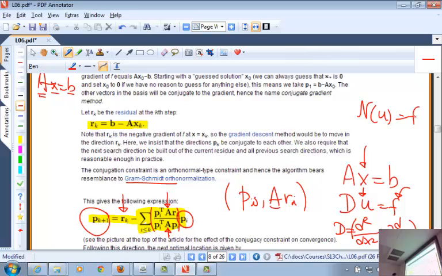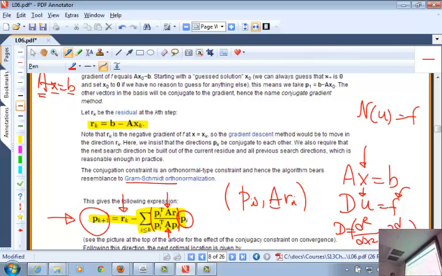So that's what this step does. This step simply allows you to calculate the next direction that you need to take in the iterative scheme. That is going to be based on your residuals. The idea is that the residual contains components in all directions.